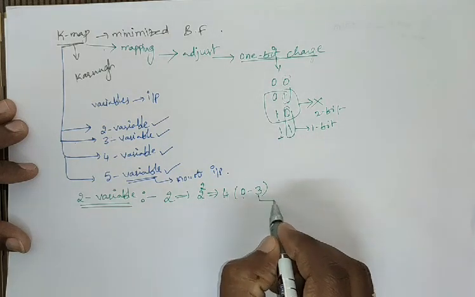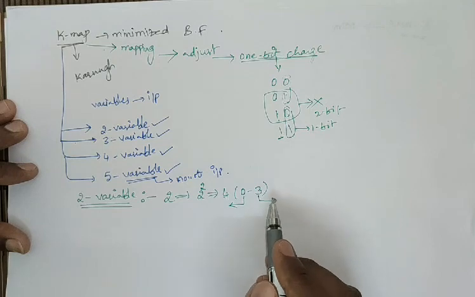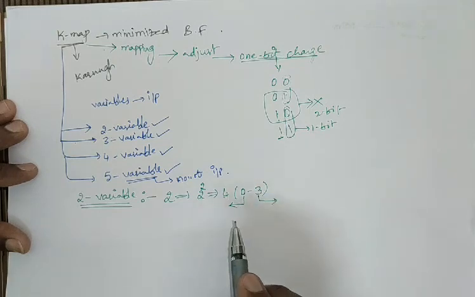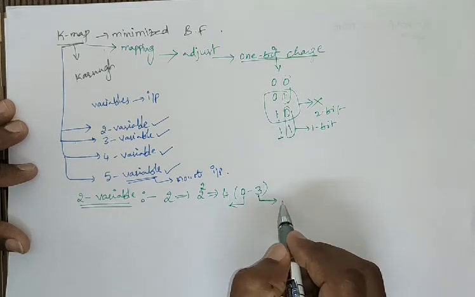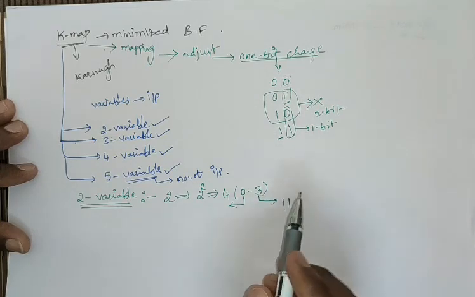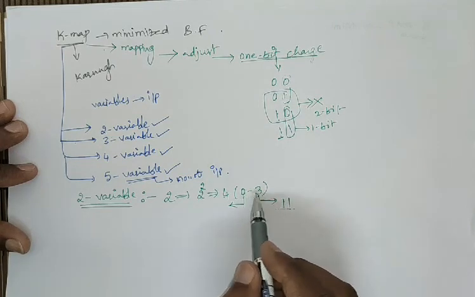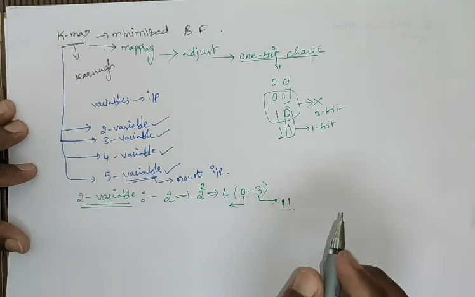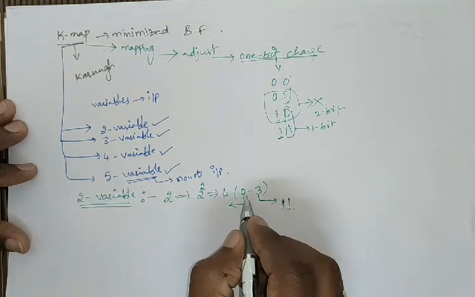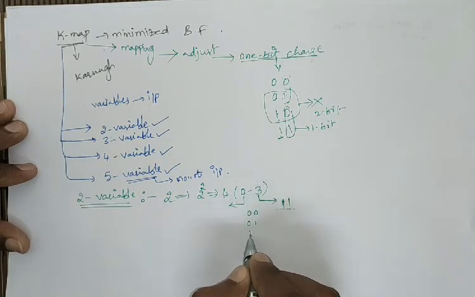Here the maximum number is 3, the minimum number is 0. How many bits represent this 0 to 3 range? The number of bits depends on the maximum number. 3 in binary is 1 1, so we represent these numbers using only 2 bits. The possible combinations are 0 0, 0 1, 1 0 and 1 1.